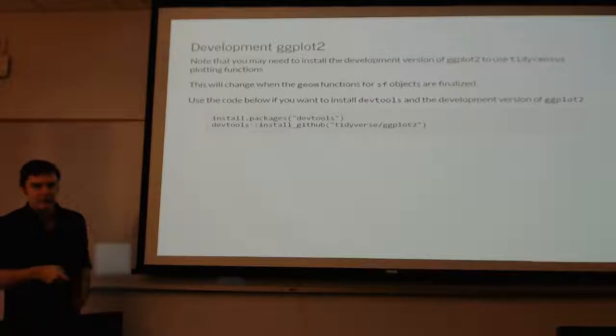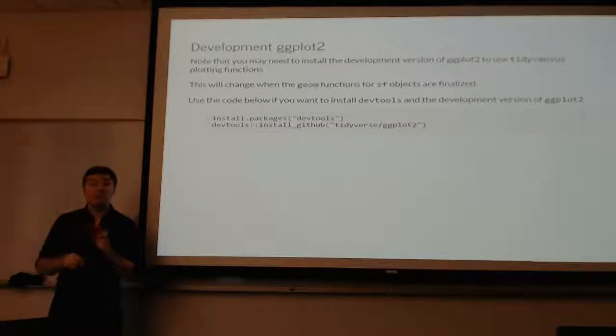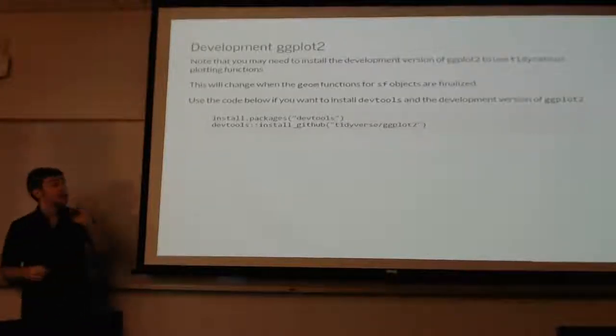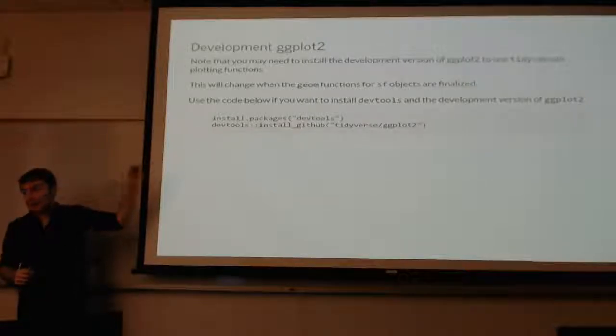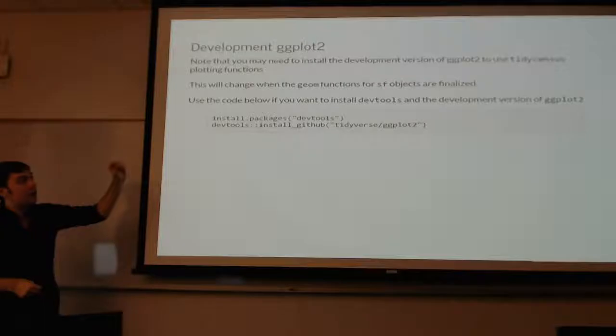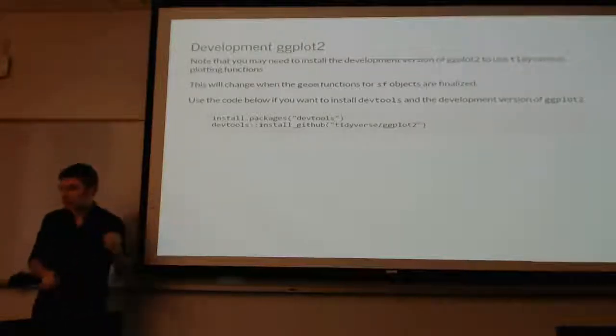I'm going to talk a little bit more about what SF objects are. It's an entirely new way of handling geospatial data in R that mirrors the way geospatial data is actually handled in GIS software. So this is really good, but it's incompatible with past stuff. ggplot has new routines, new functions for handling SF data, but it's not, as far as I know, in the release version of ggplot yet.